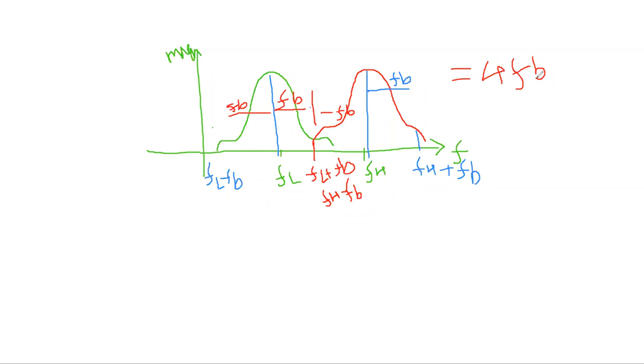In BPSK, the bandwidth requirement was twice FB, while in BFSK the bandwidth requirement is 4 FB. So compared to BPSK, BFSK, that is frequency shifting, requires more bandwidth to transmit the signal. That is the comparative analysis between BPSK and BFSK.